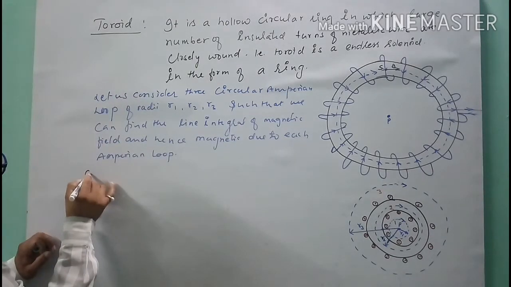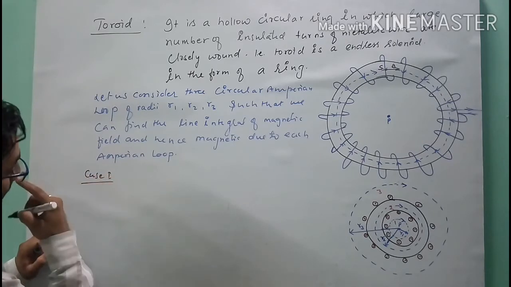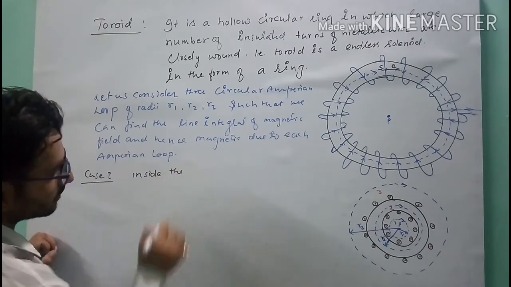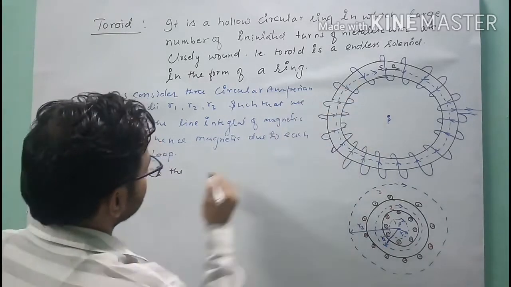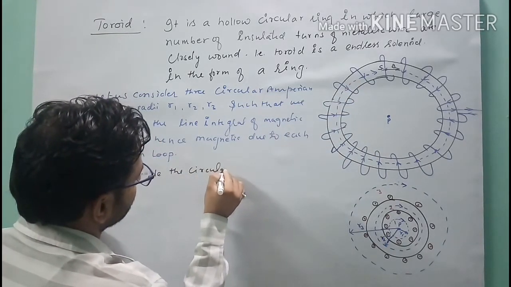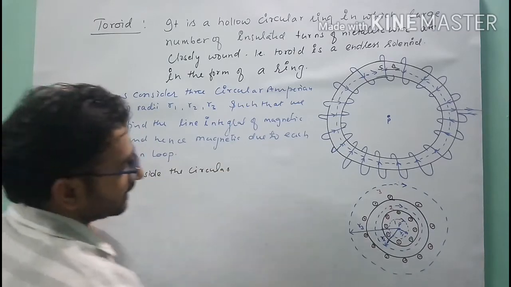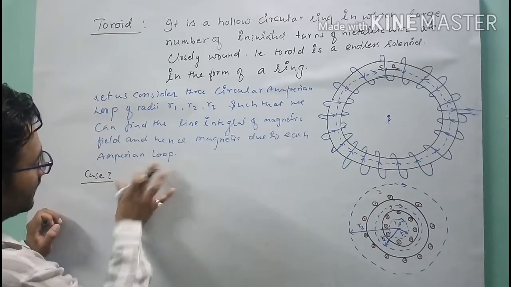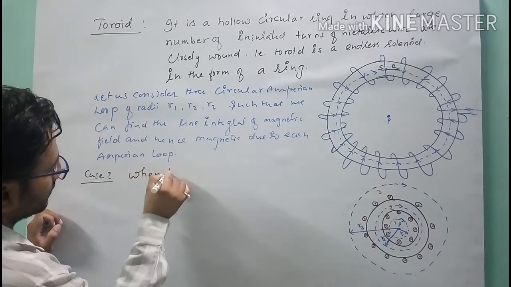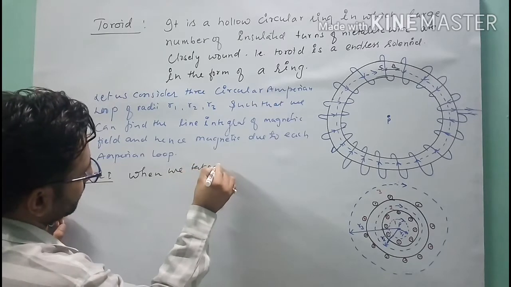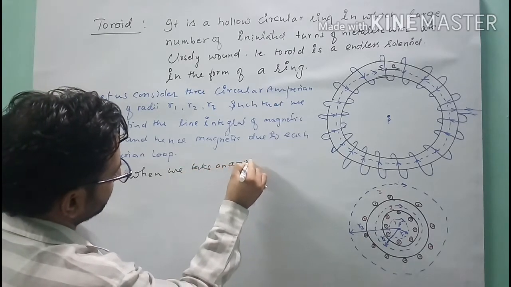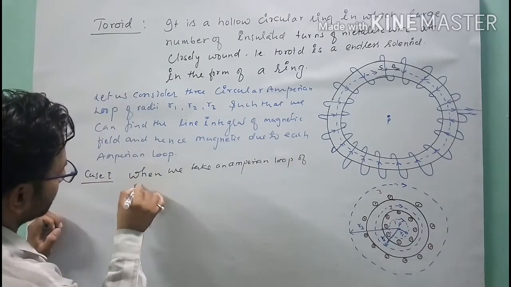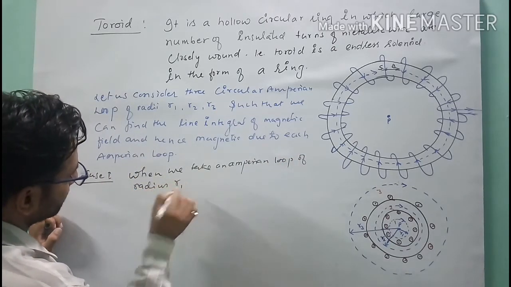So first, case 1, inside this circular ring. Inside means when we take the Amperian loop of radius r1.